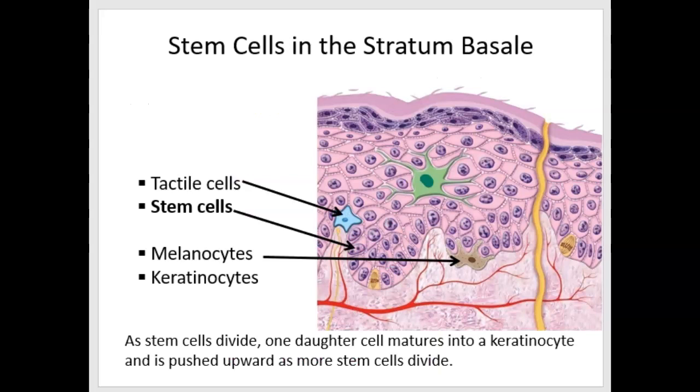I've already mentioned this, but this slide shows you, or at least tells you, that as stem cells in the stratum basale divide, the daughter cells push up other cells that are already present. And so the keratinocytes that are pushed up are eventually going to reach the stratum corneum.